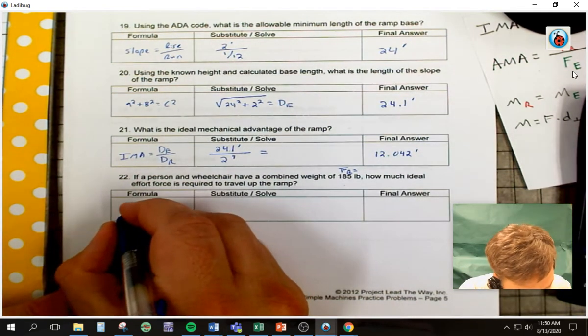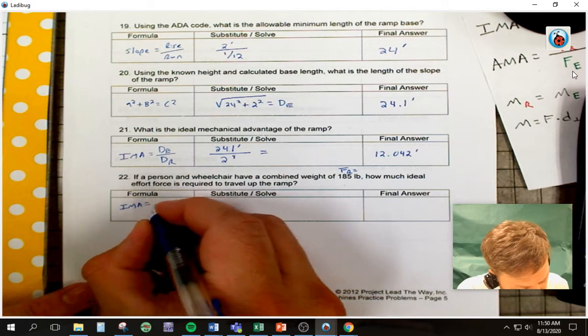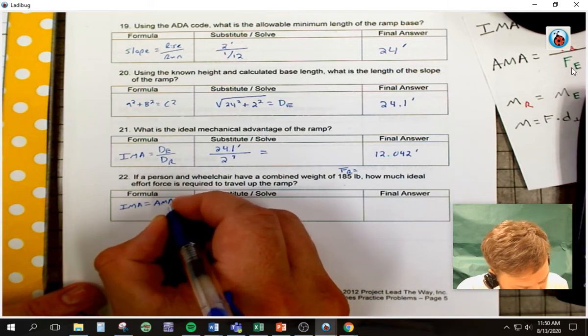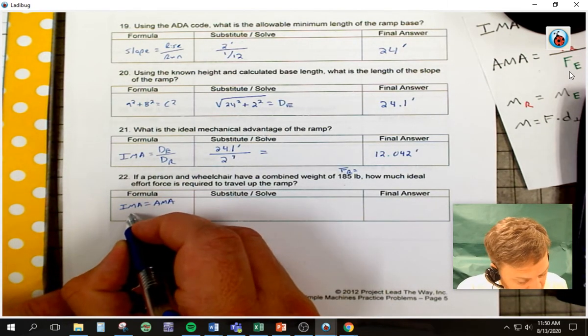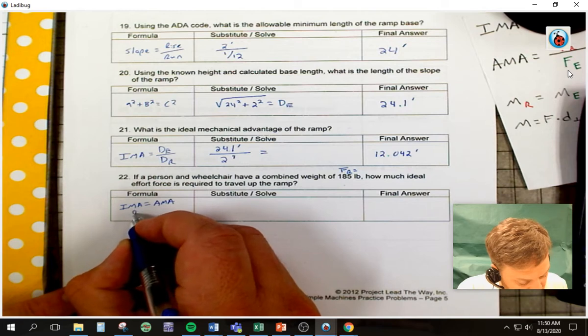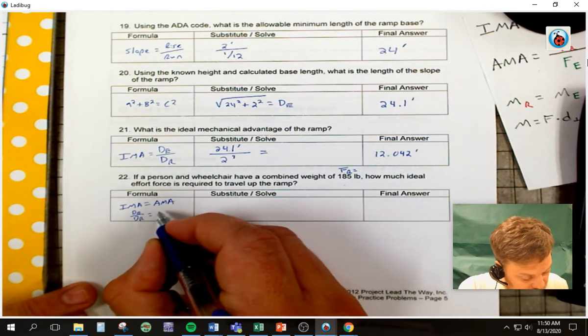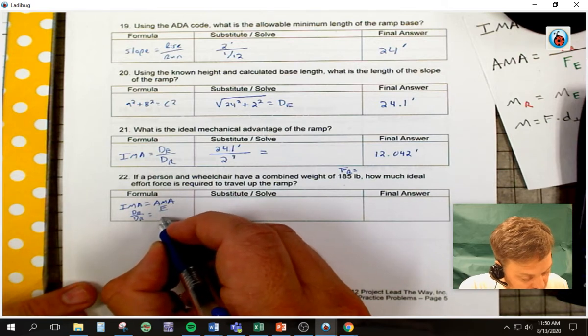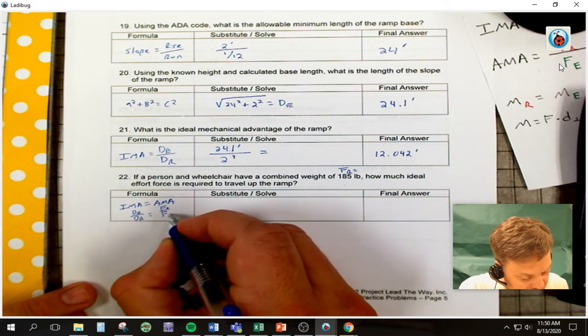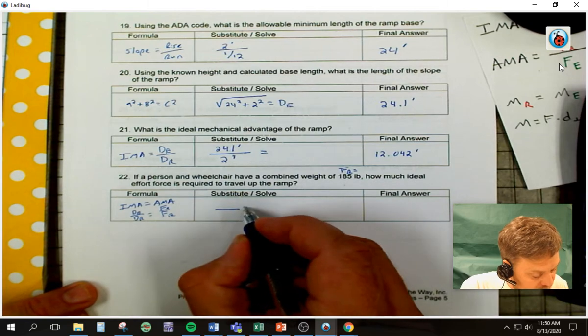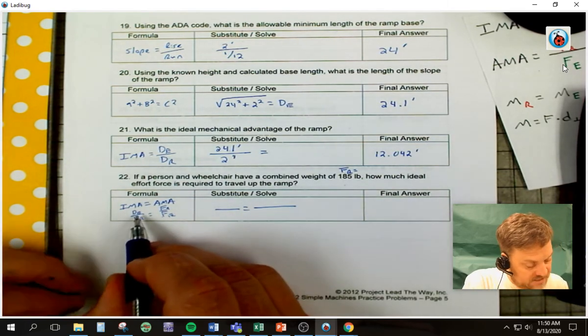So we're going to say IMA is equal to AMA. And IMA, remember, is ideally DE over DR is equal to FR over FE. So if I think about all those things, I can set, okay, distance effort.